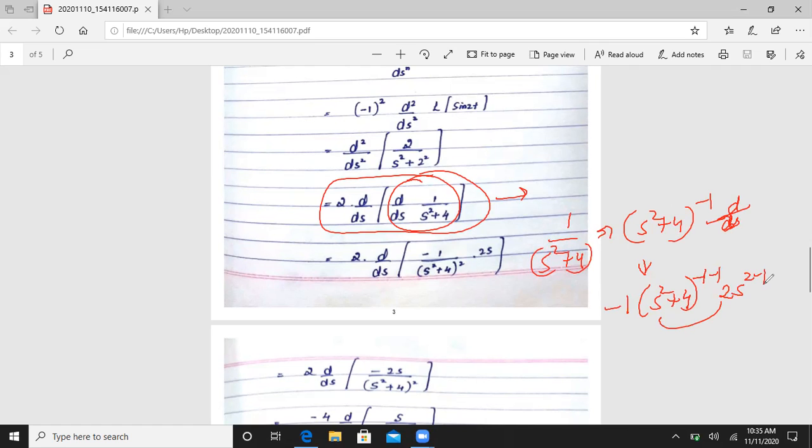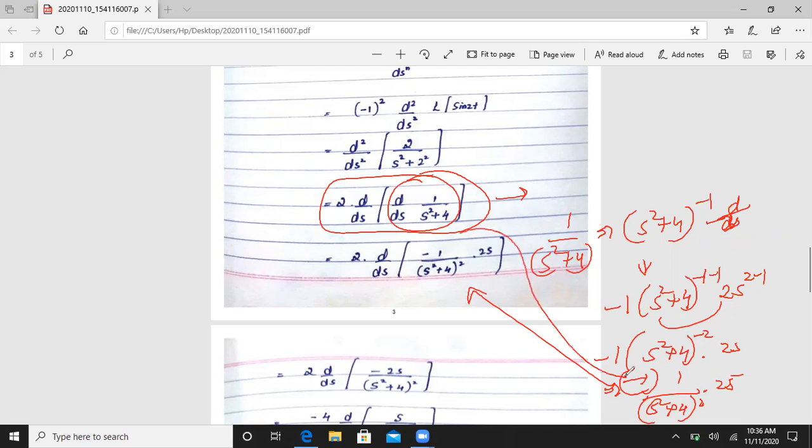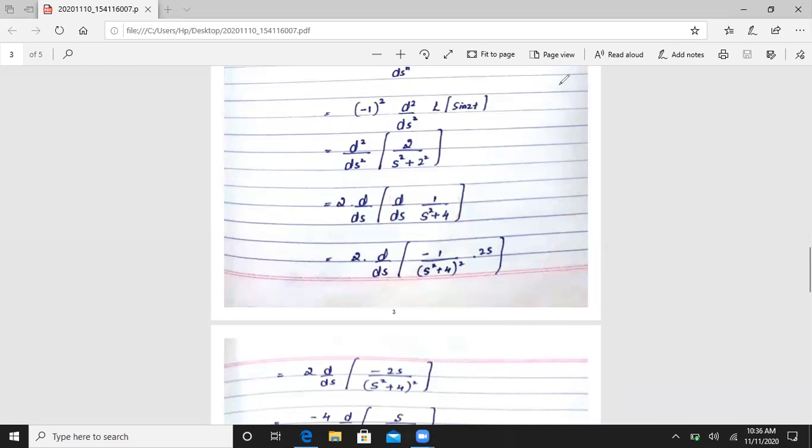We write this as minus 1 into s square plus 4 whole to the power minus 2 into 2s. So finally we write minus 1 into 1 divided by s square plus 4 whole square into 2s. This is your answer, that is minus 2s divided by s square plus 4 whole square. Okay, this is the differentiation.